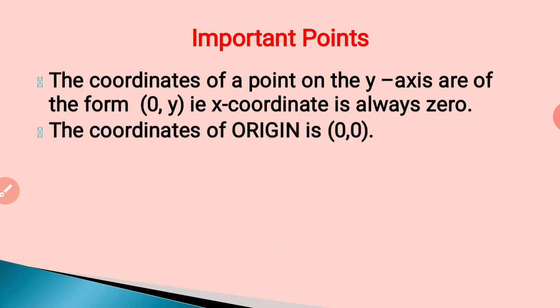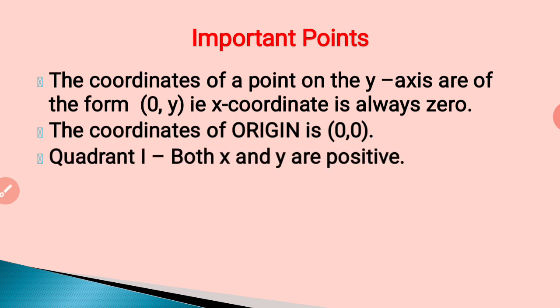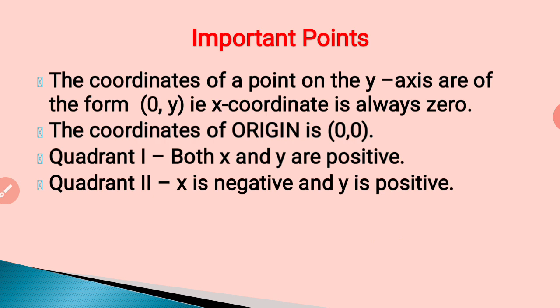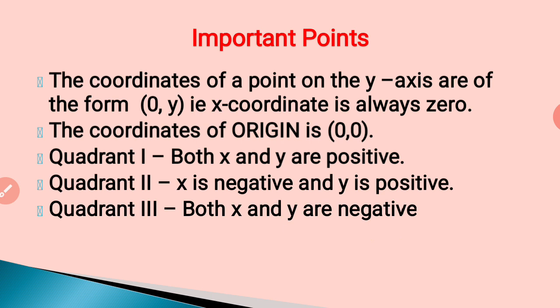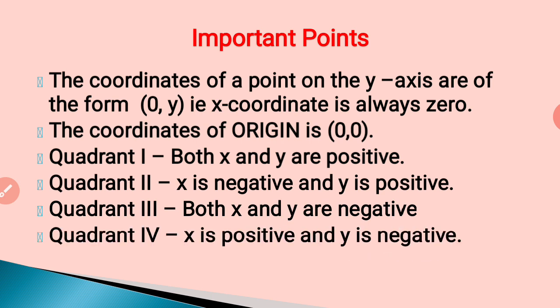The coordinates of the origin are (0, 0). Quadrant 1, both x, y are positive. This we have already seen. Quadrant 2, x is negative, y is positive. Quadrant 3, both x and y are negative, whereas quadrant 4, x is positive and y is negative.